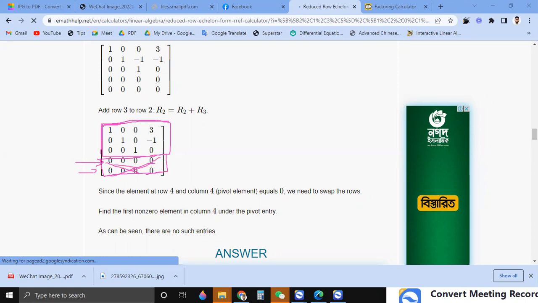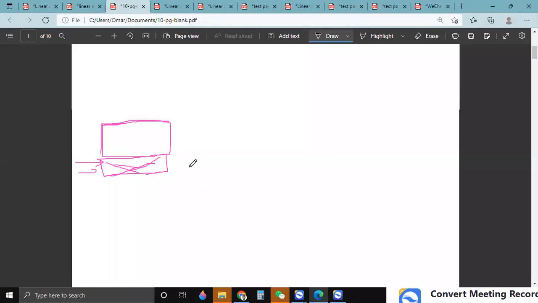So for this question, what is the maximal subset?